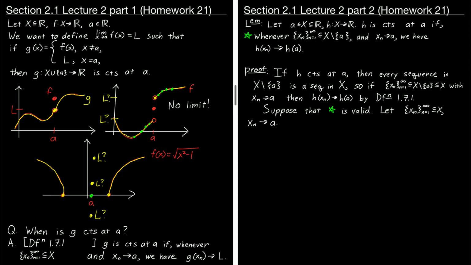And then a couple of cases. First case is if xn equals A for all but finitely many values of n, then we've got that f of xn equals h of xn equals h of A for all but finitely many n.